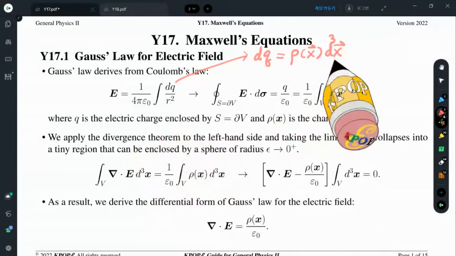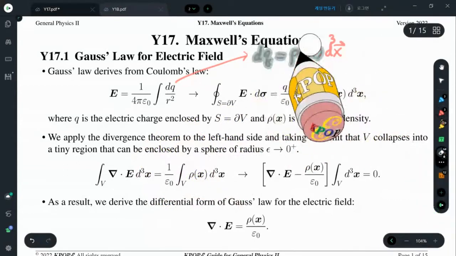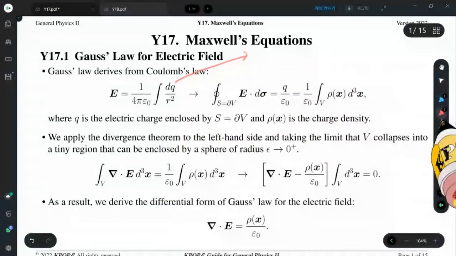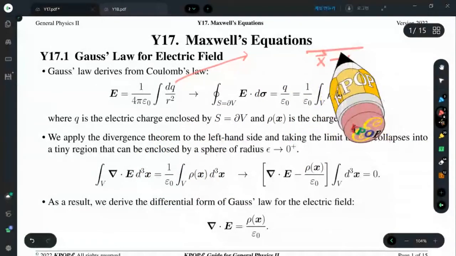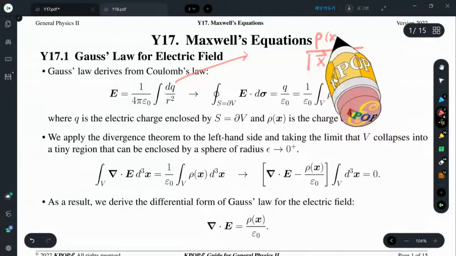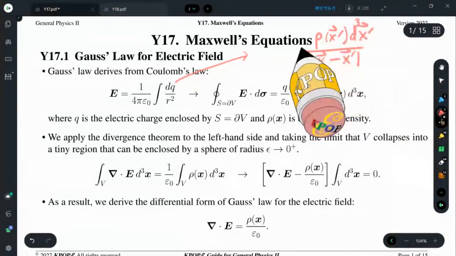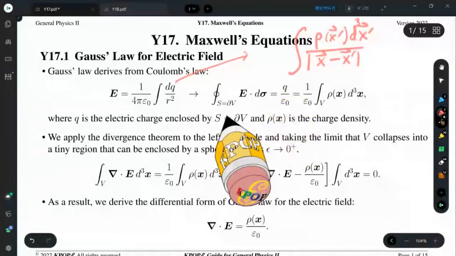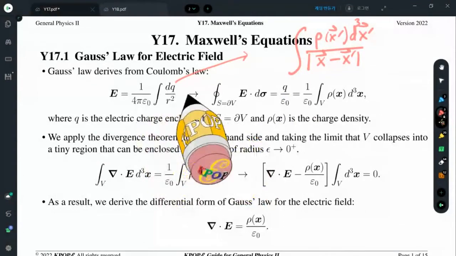And this R is more accurately expressed in terms of the absolute value of x minus x prime, integrated over space. Wait a second, there is something wrong.